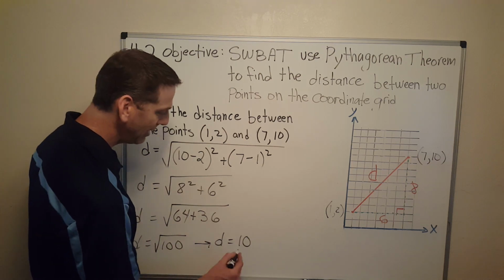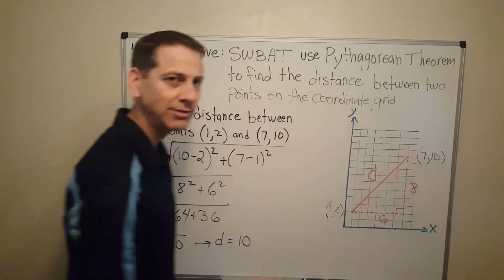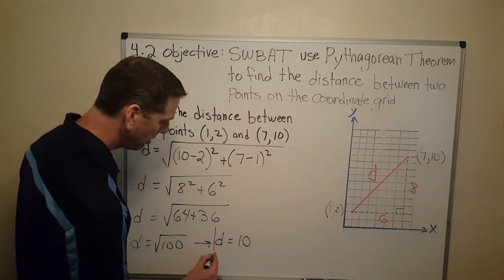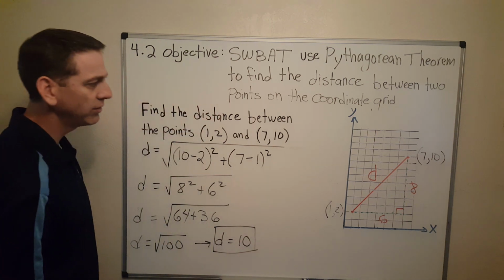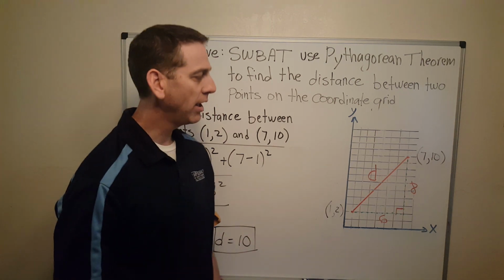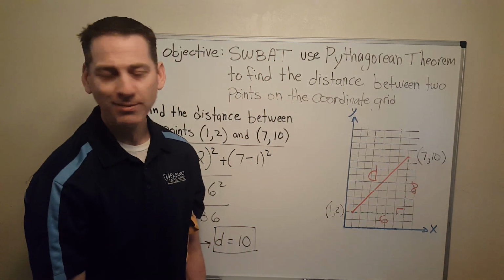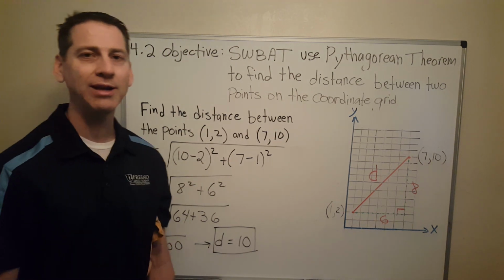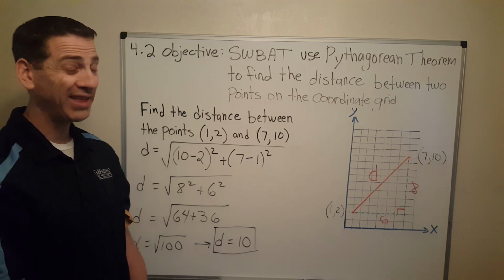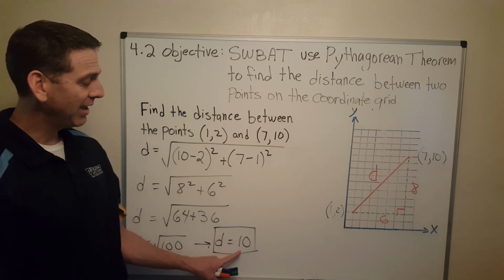So that's 10. 10 what? Well, I didn't give you any units, so it's just 10 units or 10 squares or whatever. D equals 10. Now, I don't have the benefit of measuring this and proving the point because I didn't draw this to scale. But we already did that in the last video that proved that the Pythagorean theorem does work. So you can bank on it, that distance is 10.